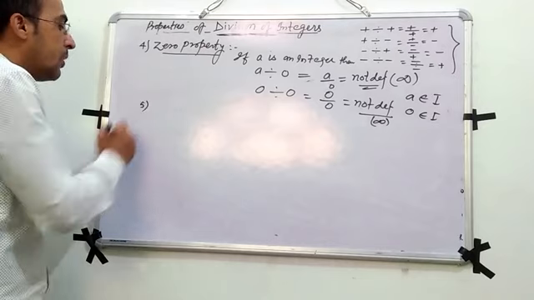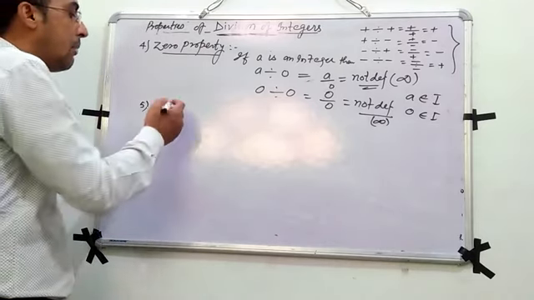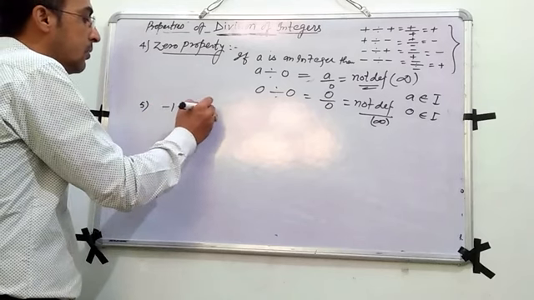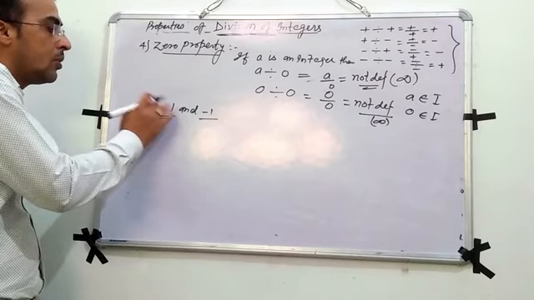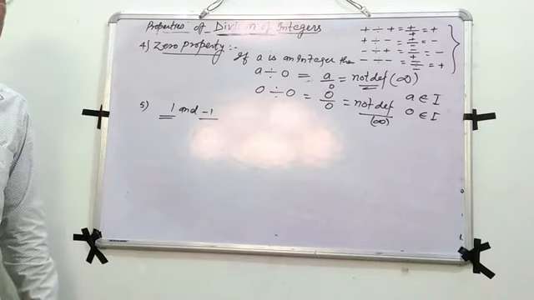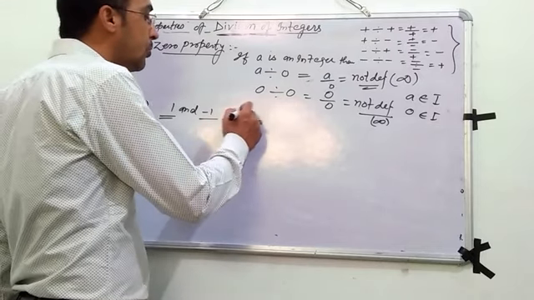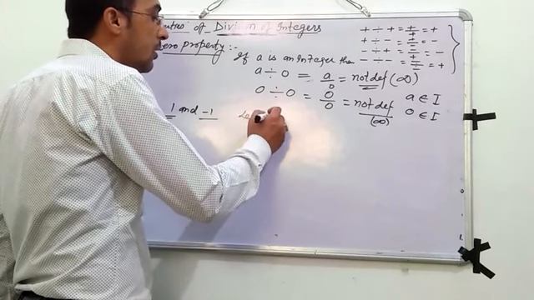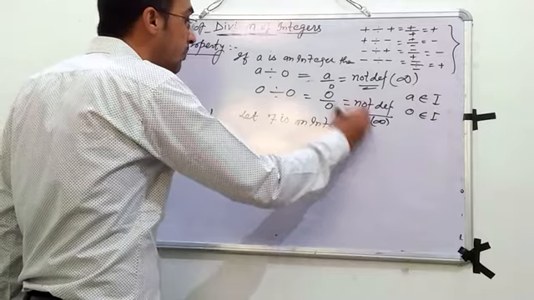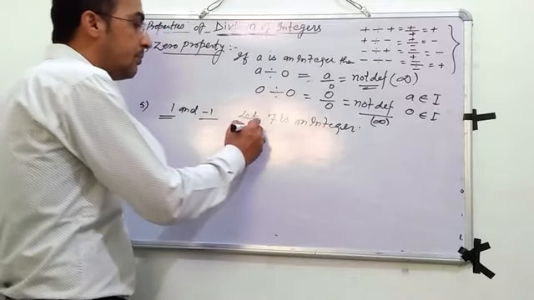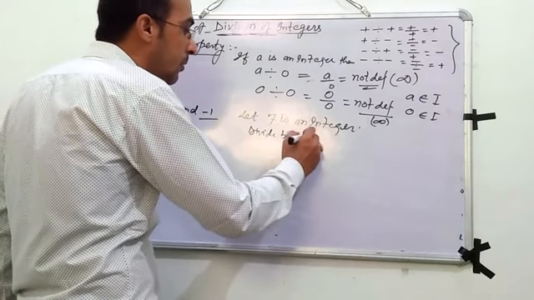Now the fifth one. Any number which is divided by 1 and minus 1. Then what will you get? Any integer divided by 1, suppose 7 is an integer divided by 1.